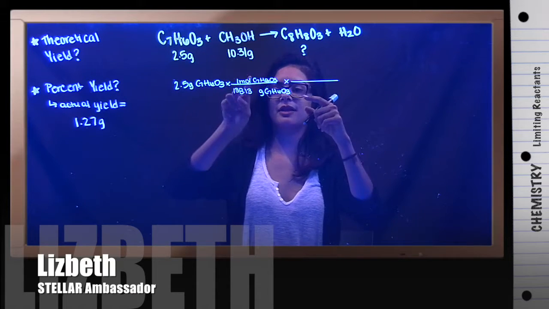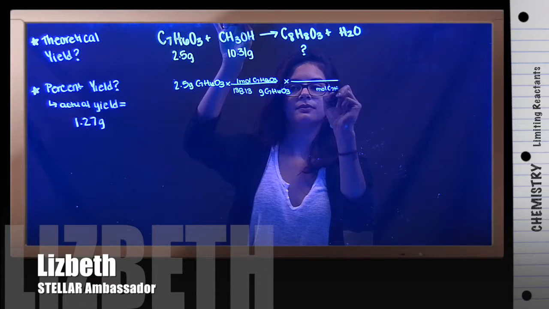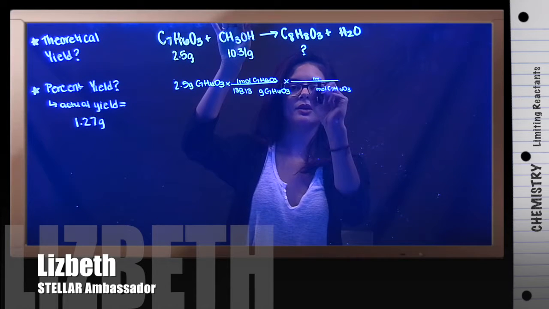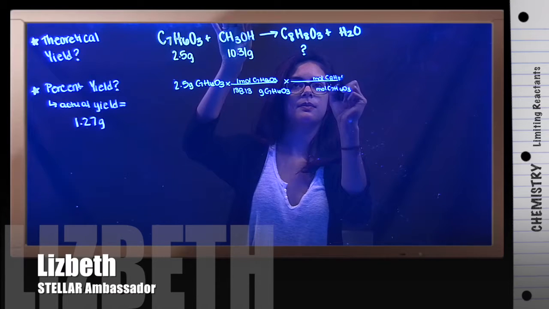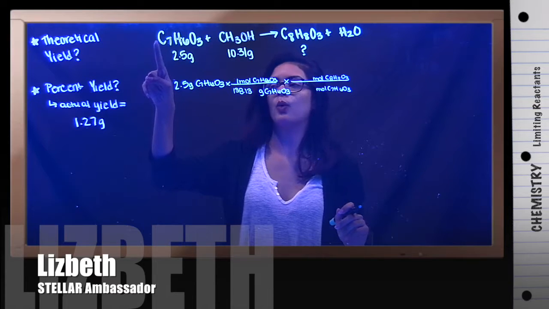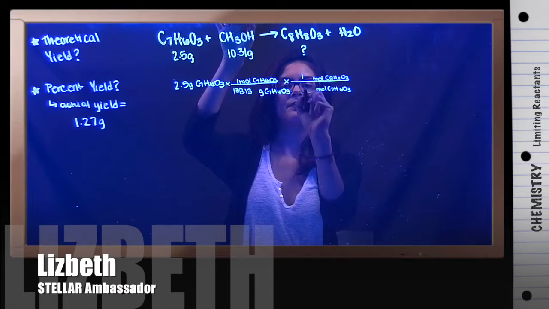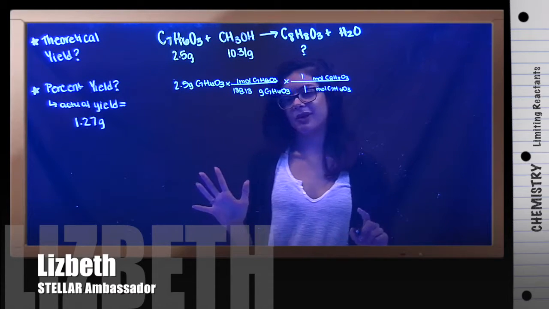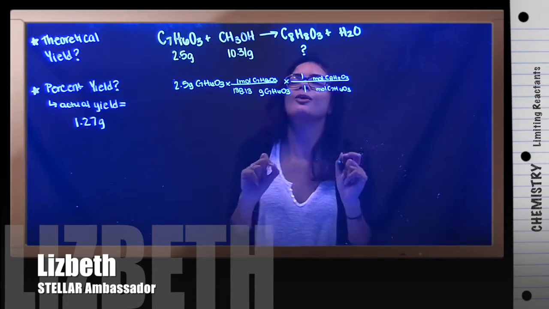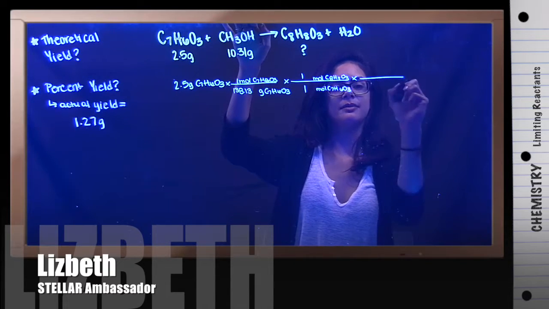The moles of this guy is going to go on the bottom so that they can cancel, and the moles of this guy is going to go on the top because that's what we're heading to. From our balanced equation, you can see that for every 1 mole of the salicylic acid, we have 1 mole of this. It's not always going to be 1-to-1, so make sure for this step to always, always, always look at your balanced equation. So now we're going to go to grams of our product.